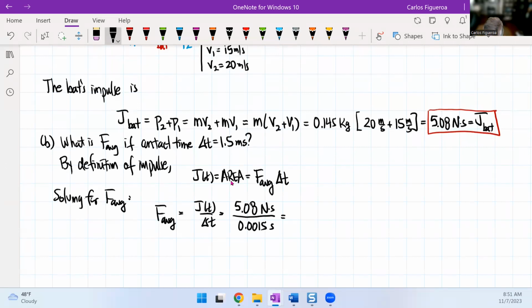So this gives me a value of 3,400 newtons for the average force. And there is my average force right there. So what is this? Well, that's like 3.5 times my weight. So that is a lot of force acting on a baseball.